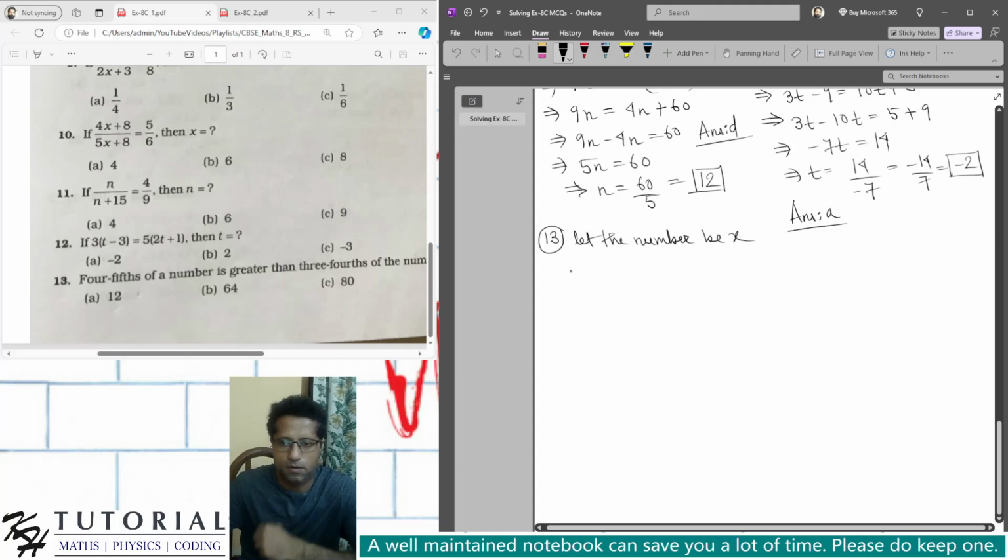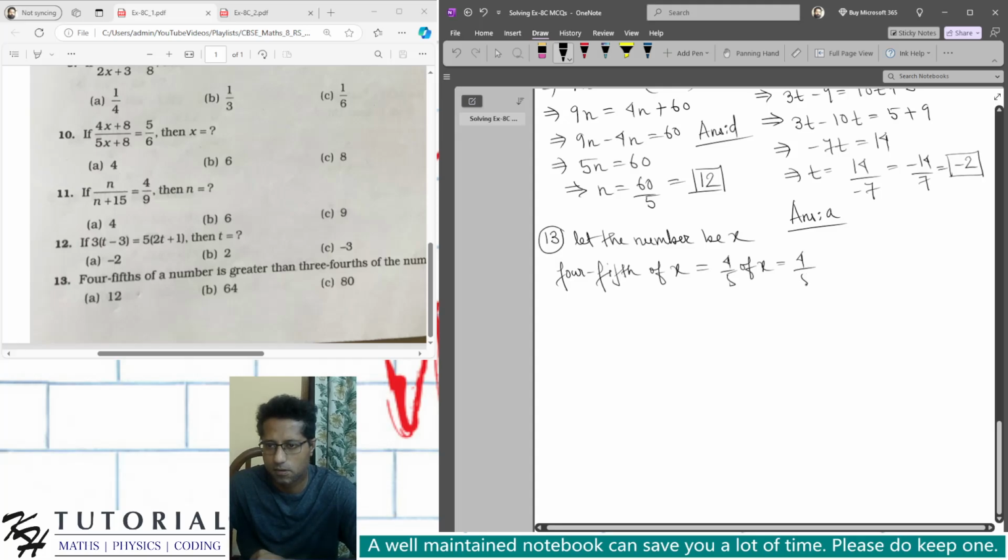It is given that 4/5 of the number x is 4 by 5 of x, and of means multiplication. So this is 4 by 5 multiplied by x. This is 4x by 5. 4/5 of x is 4x by 5.